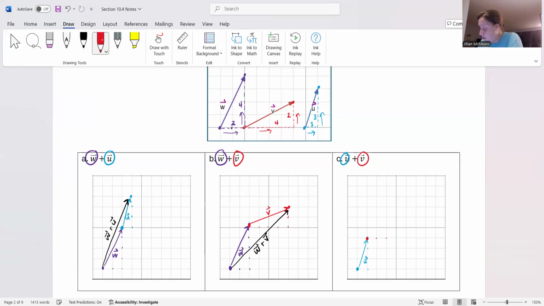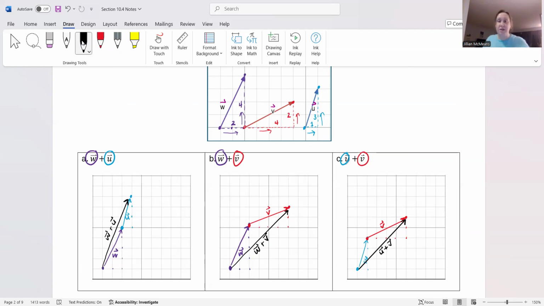So 1, 2, 3, 4, and then up 1, 2. That's my terminal point for V. Let me go ahead and label that V. And then our resultant is going to be right here. So that is U plus V.